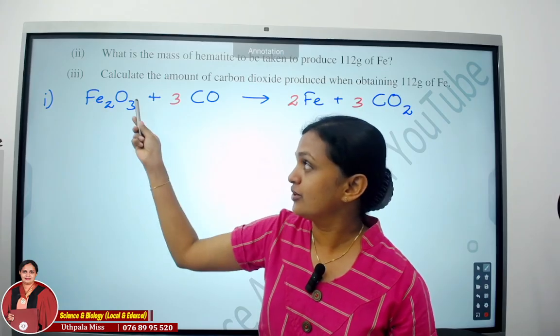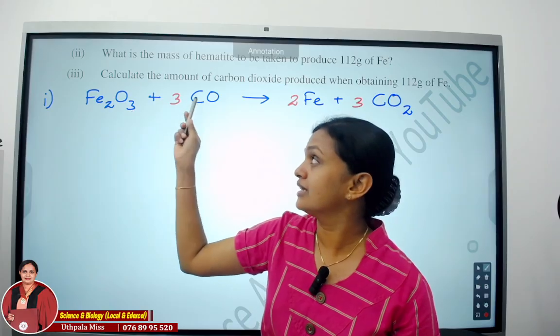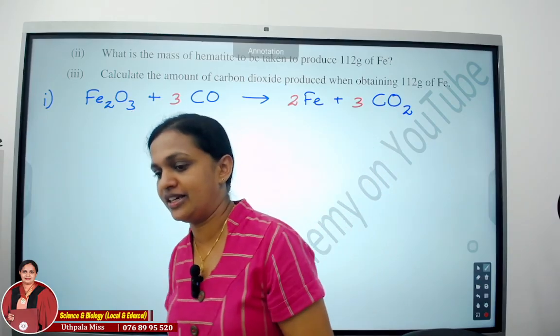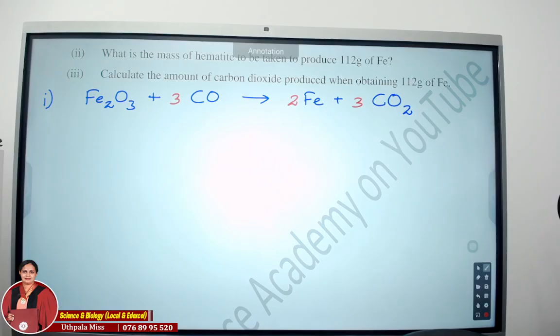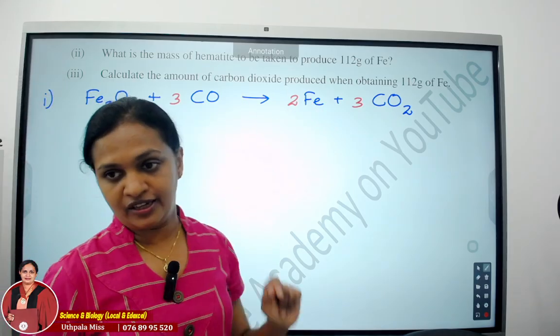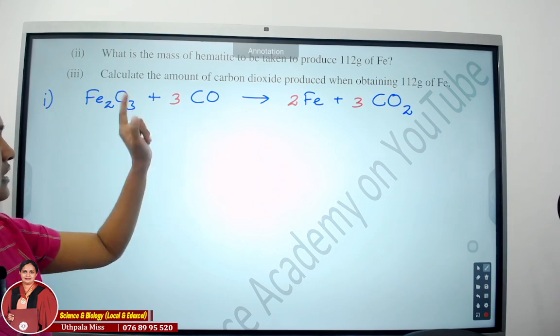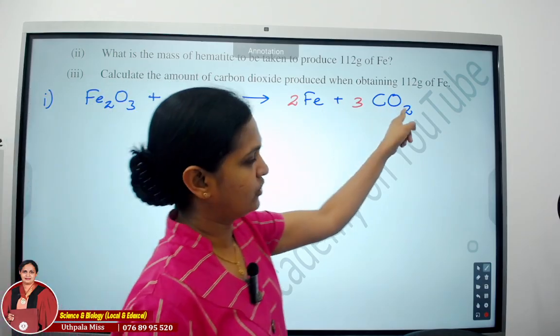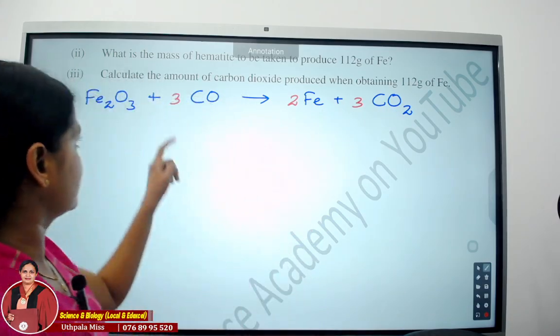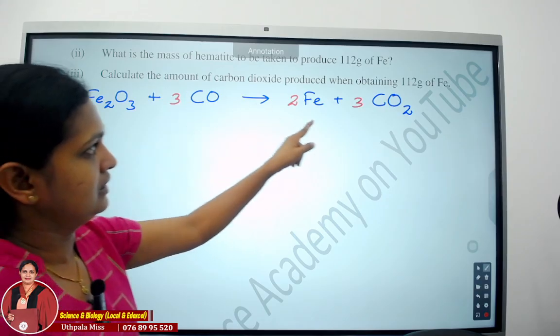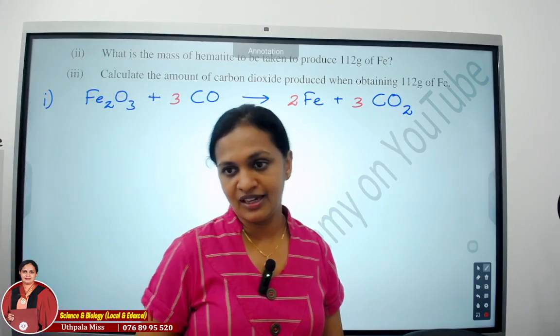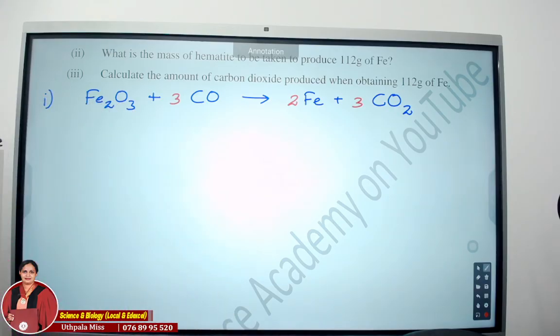Then 2 into 3 is 6 oxygen, and here there are another 3, so 9 oxygen, right? Done this way, it is balanced. Check one by one. Fe2, 2 Fe. Oxygen here 3, here another 3. 3 plus 3 is 6. 3 into 2 is 6. Then carbon monoxide 3 carbon. Here also 3 carbon. Right? Then it is balanced.